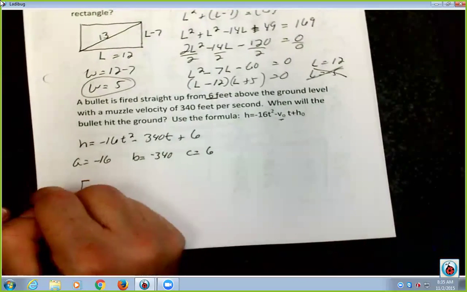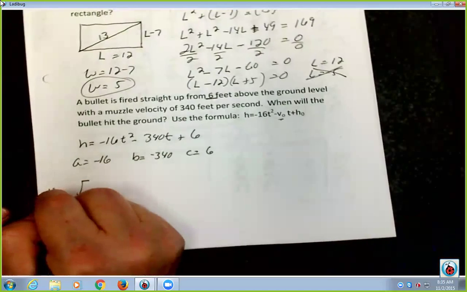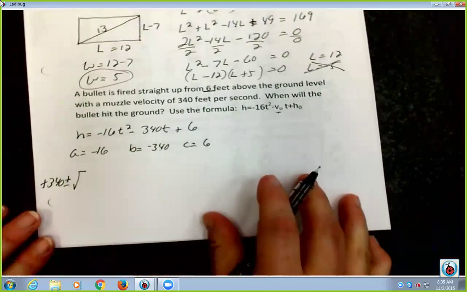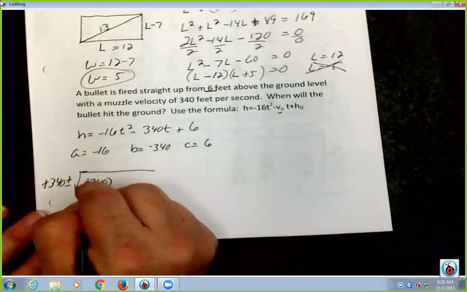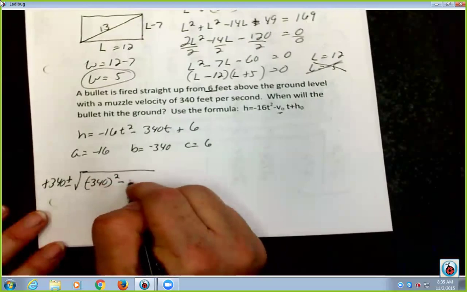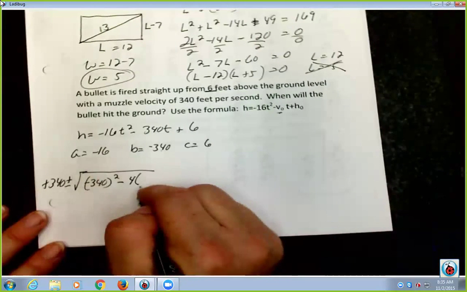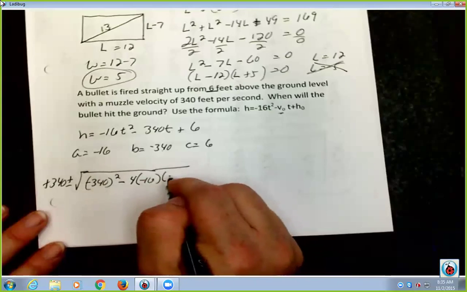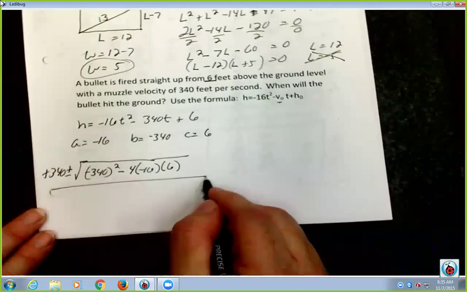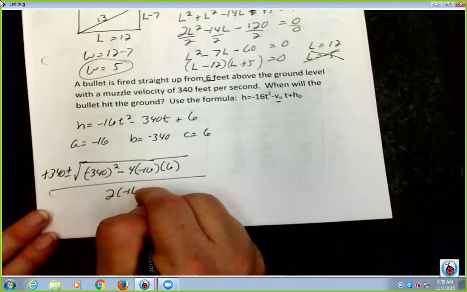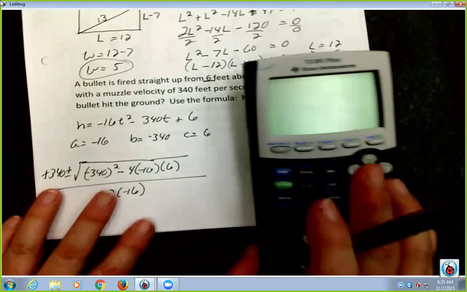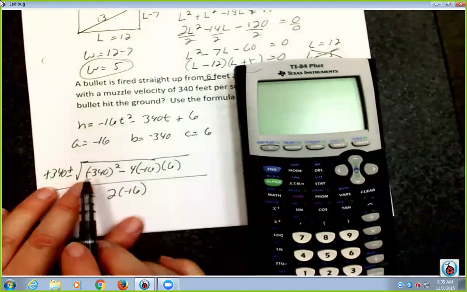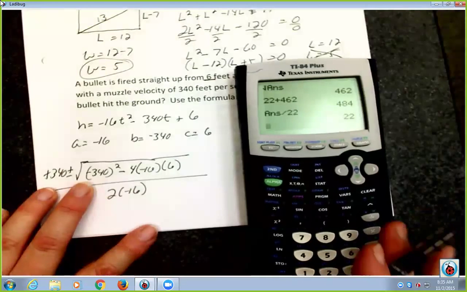So I'm going to have a positive 340 plus or minus the square root of a negative 340 squared minus 4 times a negative 16 times 6, all over 2 times a negative 16. Okay, so what does it work out to be? So if we plug it in here, we need to figure out what that discriminant happens to be underneath.